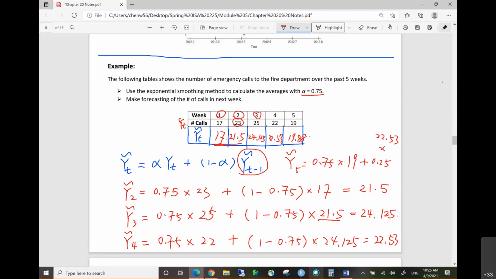Now think about the difference between the simple moving average and the exponential moving average methods. Both of these are called smoothing methods, to smooth the curve. In simple moving average, we just average, for example, 5 data points depending on the L, and we assign the same weight to each data point.